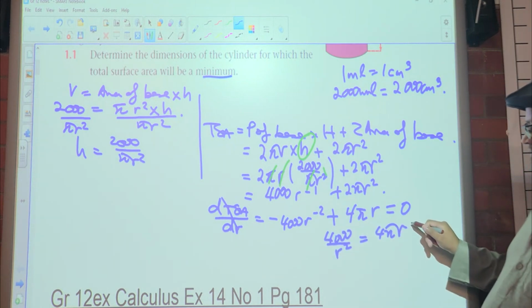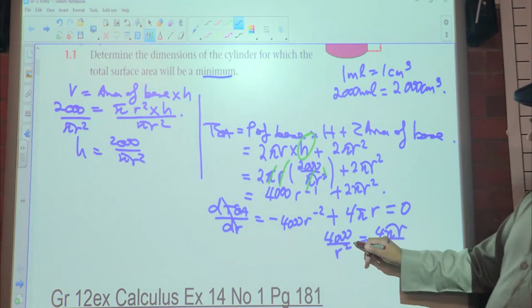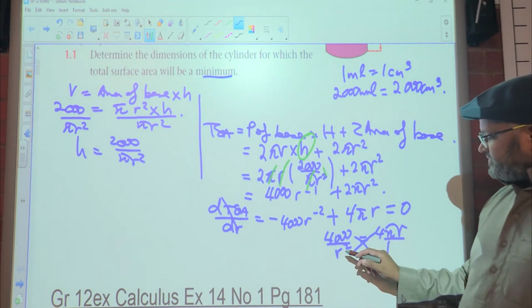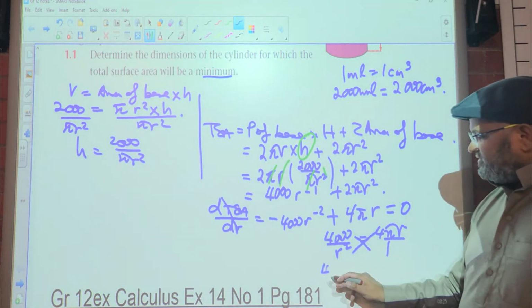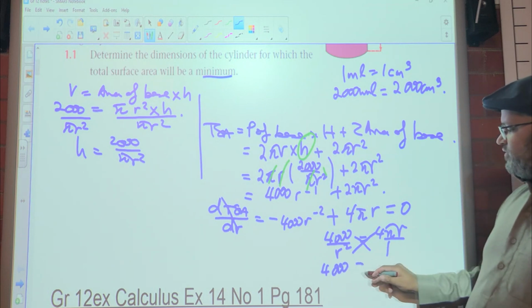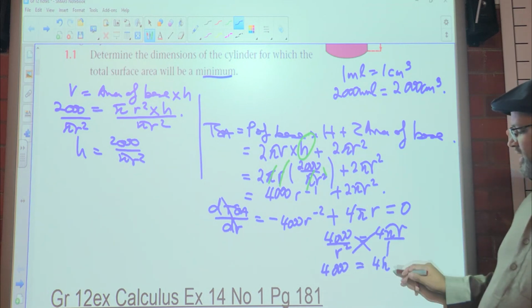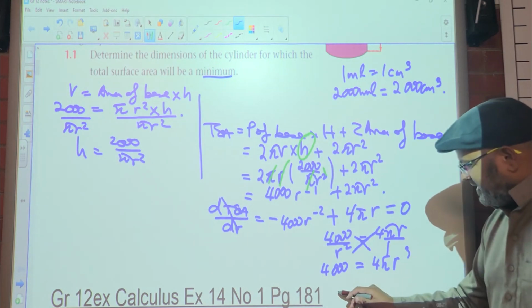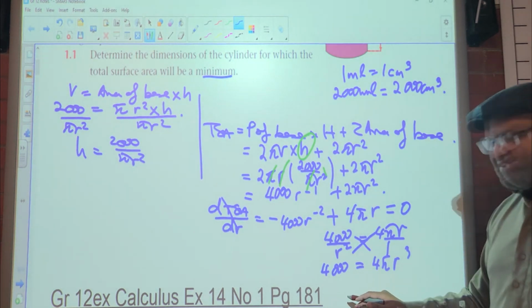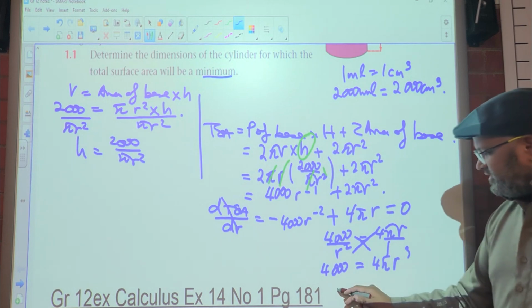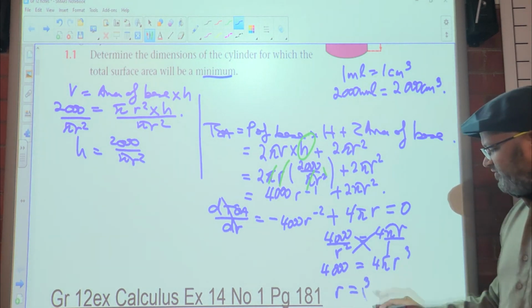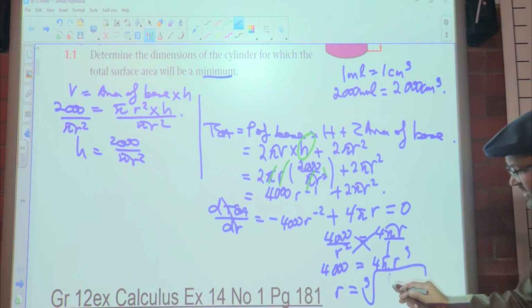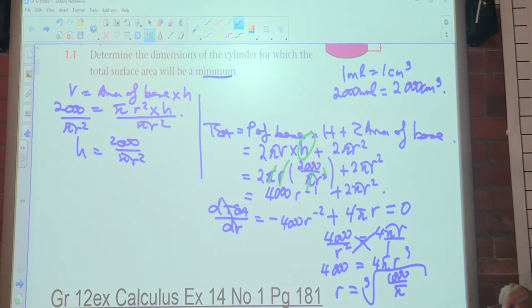Cross multiply, so that gives you 4000 equal to 4 pi r cubed. I divide by 4 pi, it gives me 1000 over pi.